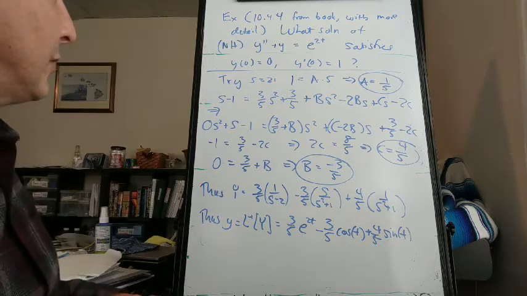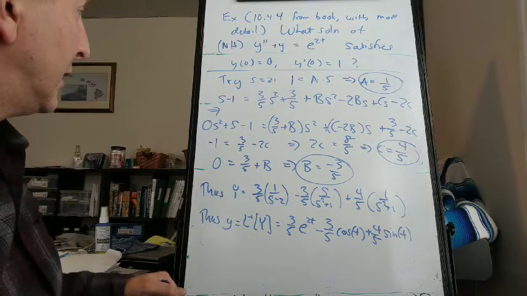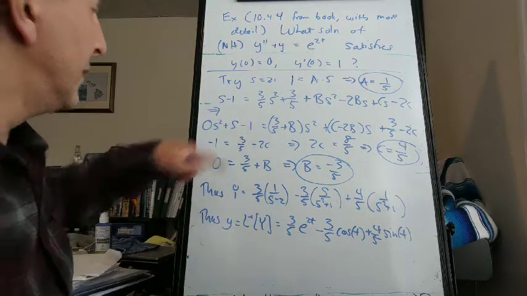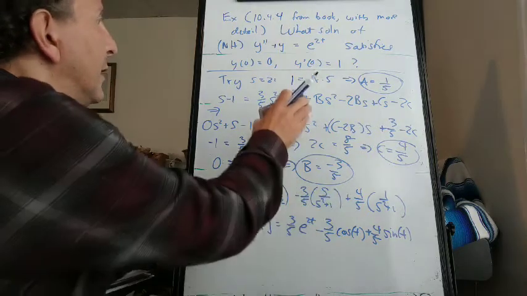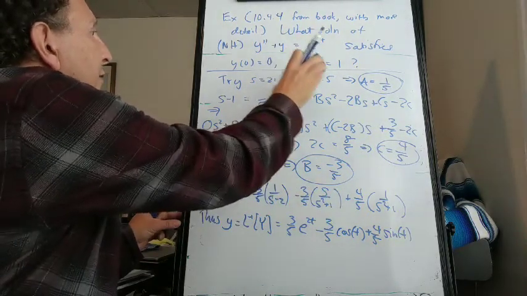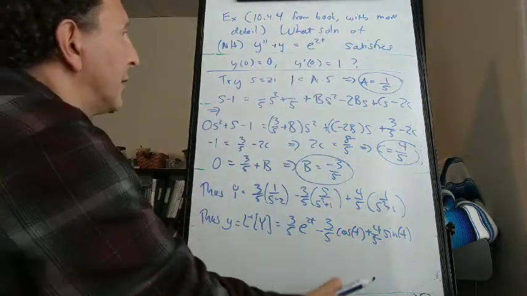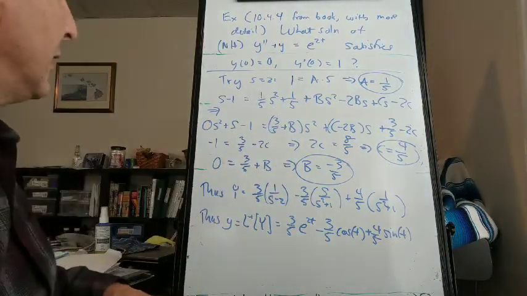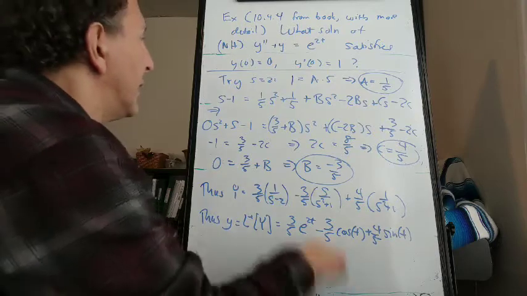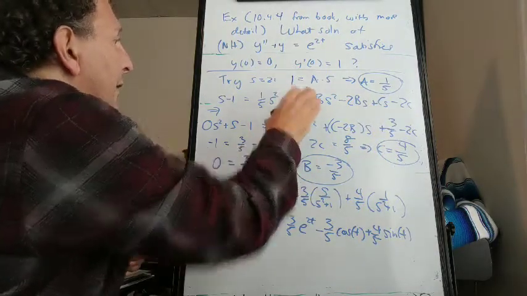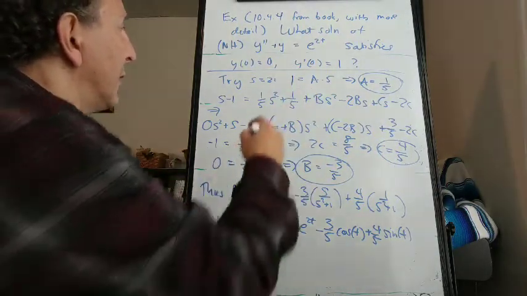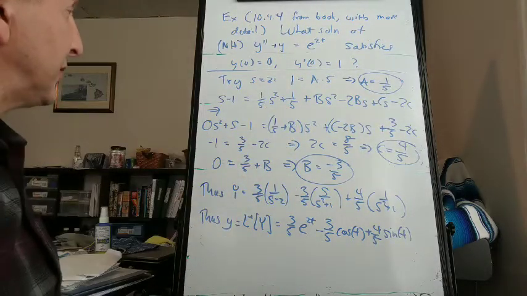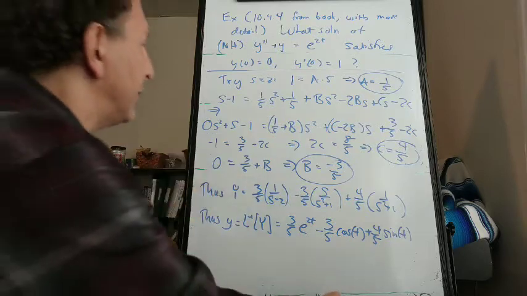So if a equals 1/5, then it should be 1/5 and 1/5. So that means that b equals negative 1/5, not negative 3/5.